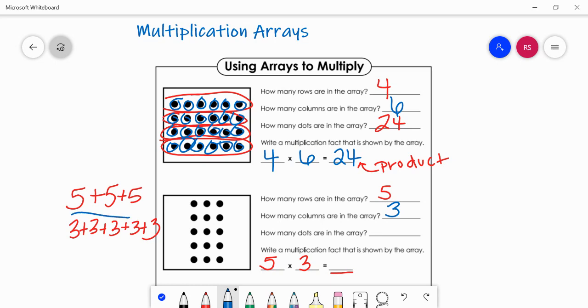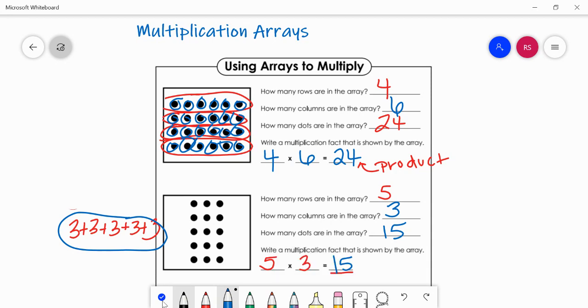So this would be how we would show our array using repeated addition. That's going to tell me I'm adding up 3 five different times. Either way I do it, I'm still going to get the same answer. We're shifting gears into multiplication now. So 5 times 3 is equal to 15. So we have a total of 15 dots in the array.